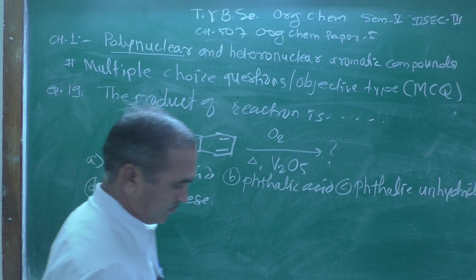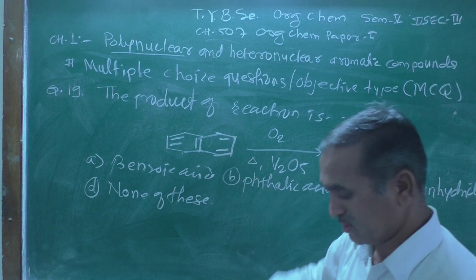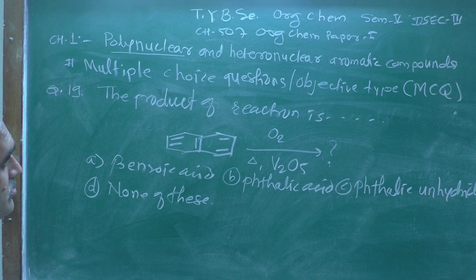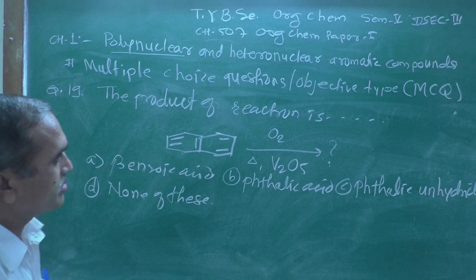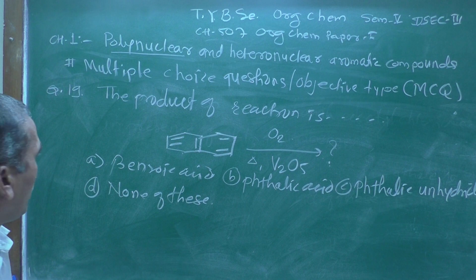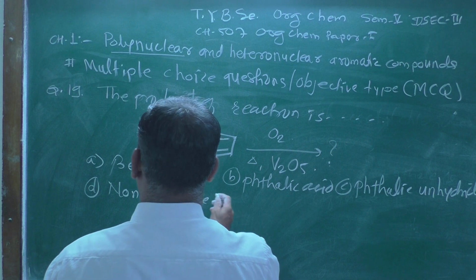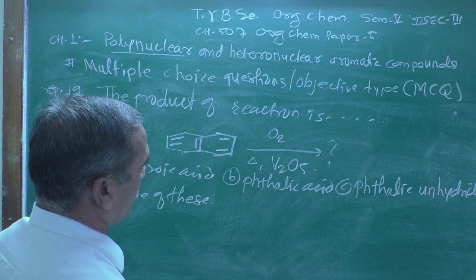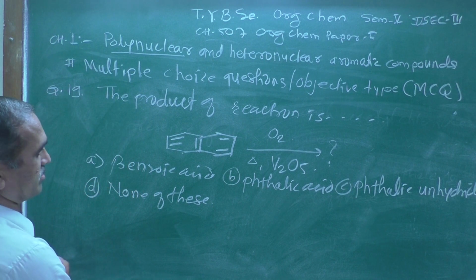These are the options given. The product of reaction is dash dash. Naphthalene is given, air is passed, and the catalyst is V2O5. First one is benzoic acid, phthalic acid, phthalic anhydride, and none of these.